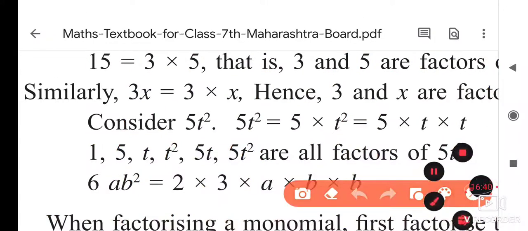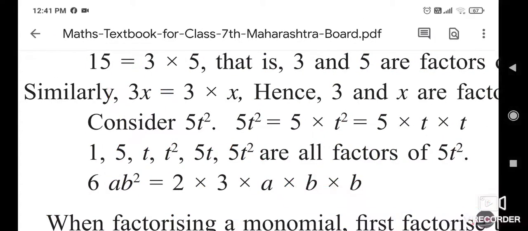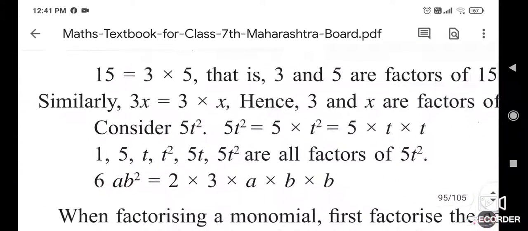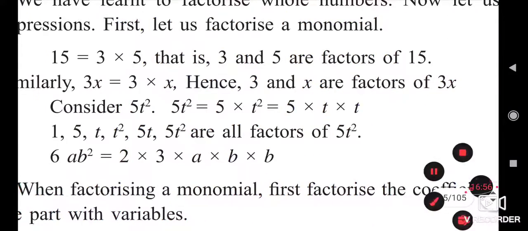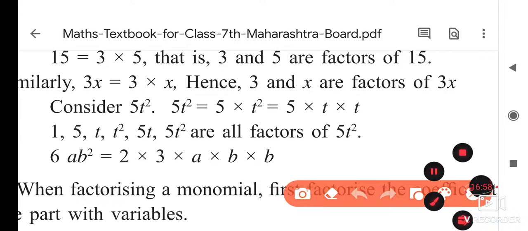As I told you before, if there is no sign between 3 and x, then the sign present between them is the multiplication sign. So 3x is equal to 3 into x, and that's why the factors of 3x are 3 and x.